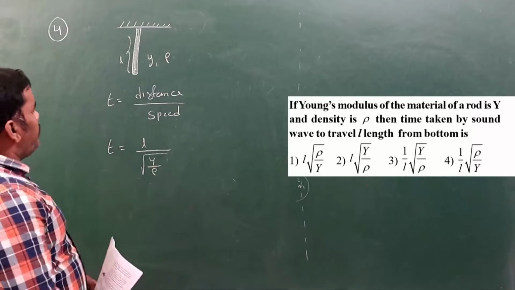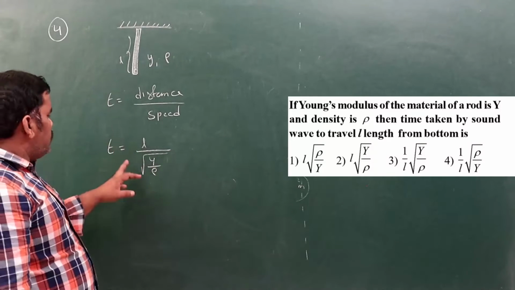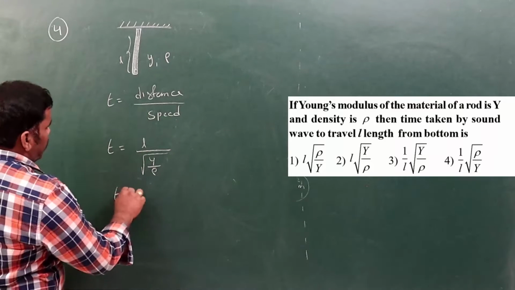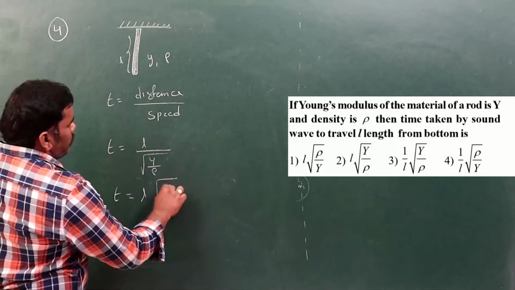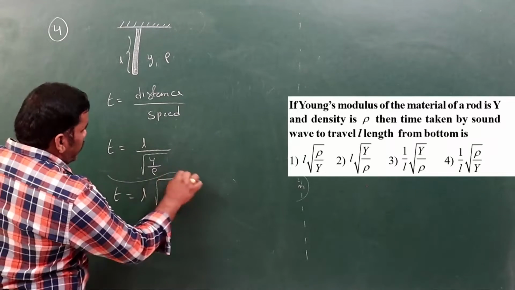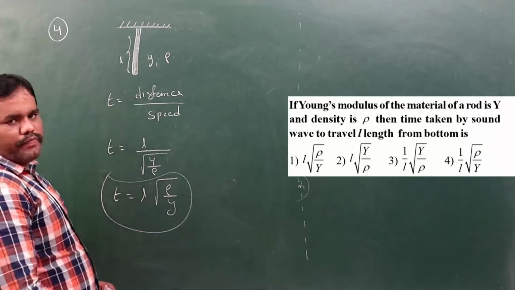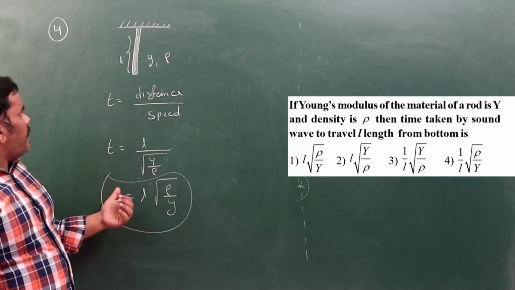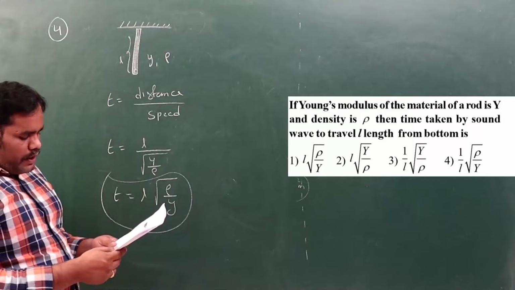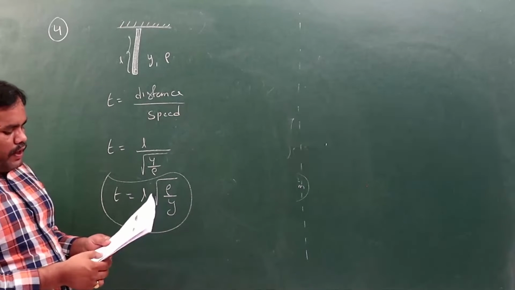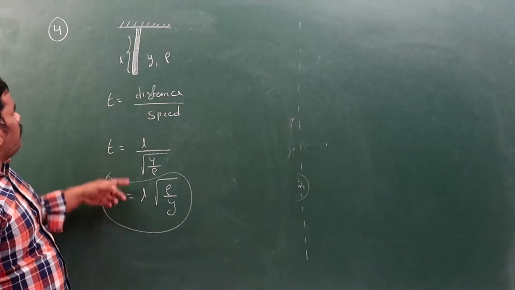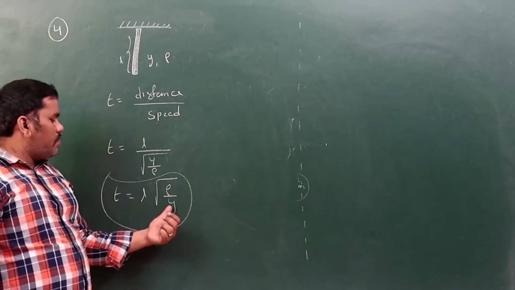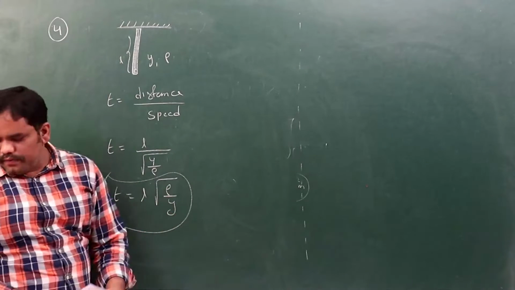So t is equal to L by under root of y by rho. So t is equal to L into under root of rho by y. So this is the time taken by a sound wave to travel L length from the bottom.